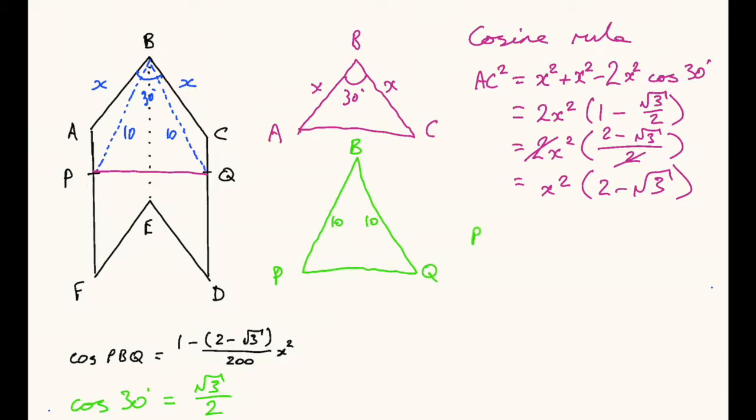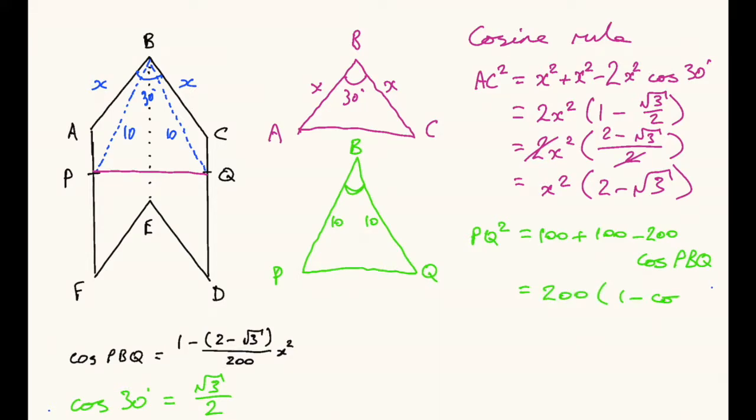So we know that PQ squared equals PB squared, which is 100, plus BQ squared, which is also another 100, minus 2 times PB times BQ, so that's 200, cos PBQ. So this angle here.